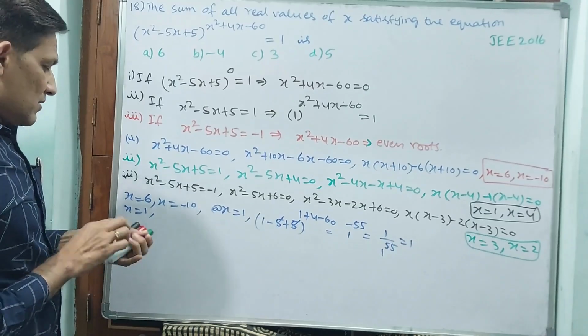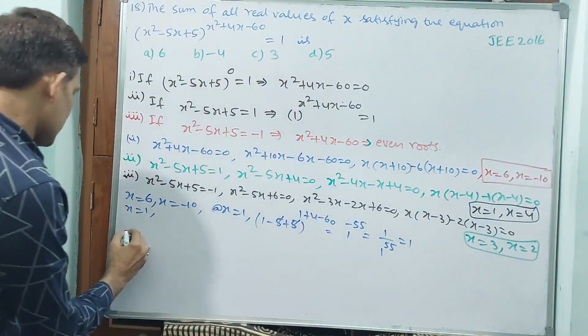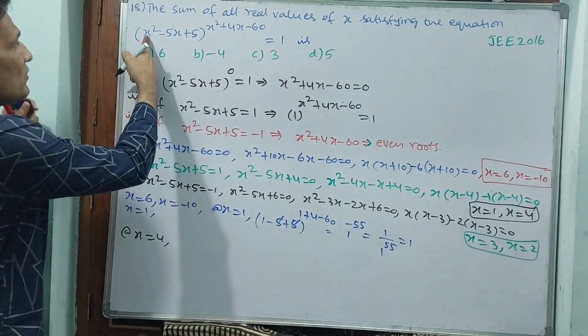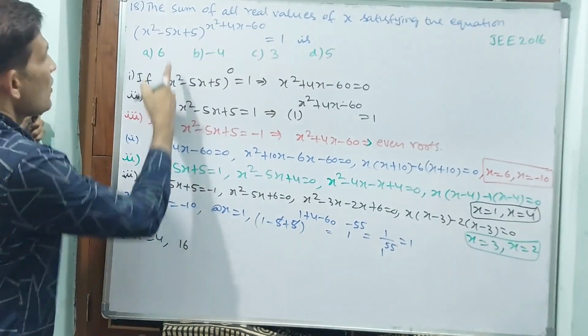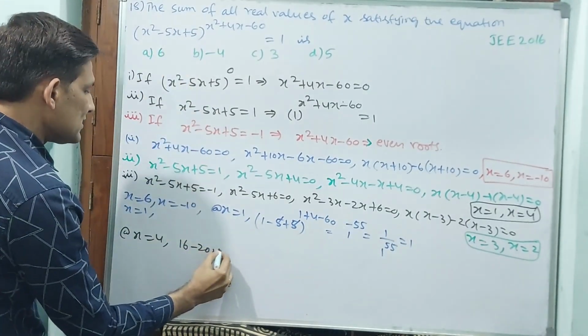Now, go for x is equal to 4. At x is equal to 4, 4 square 16 minus 20 plus 5.